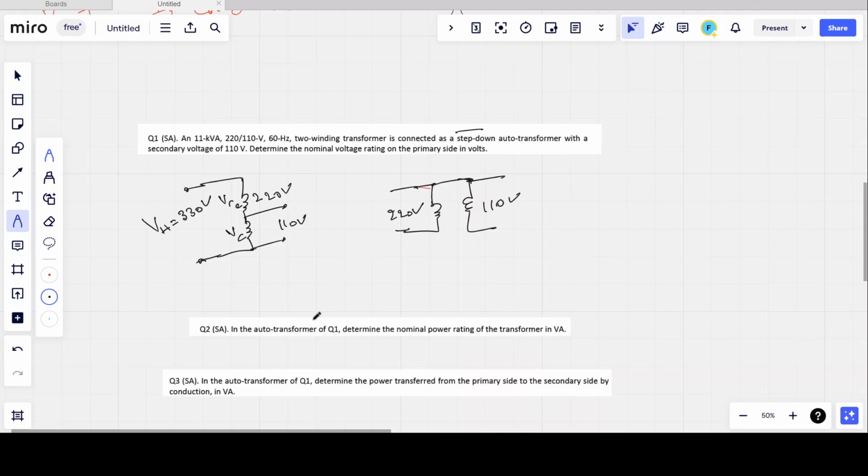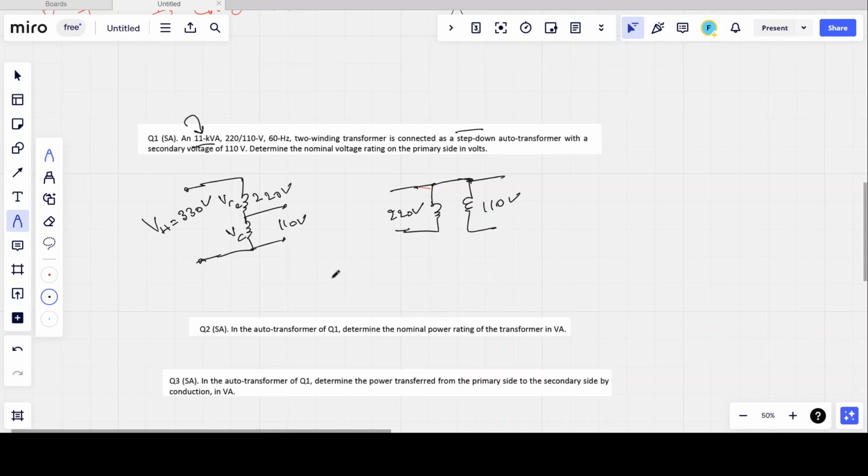Now, continuing, in the auto transformer of question number 1, determine the nominal power rating of the transformer. You are given the power rating of the two winding, which is 11 kVA. Now they're asking you for the nominal power rating of the auto transformer.